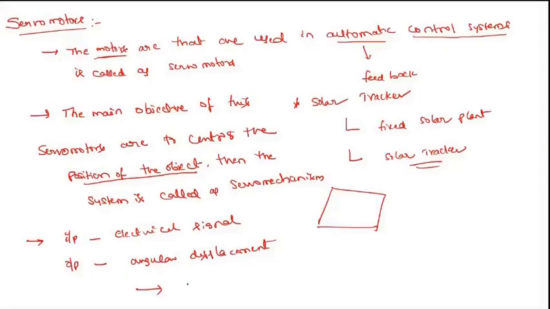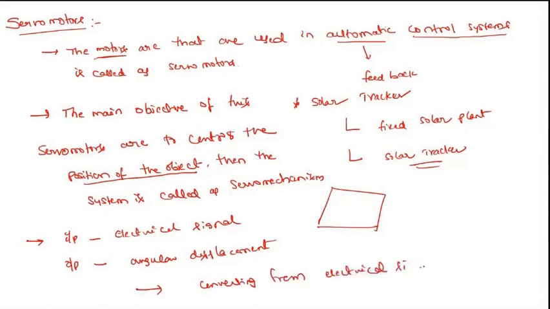For all the servo motors, the input is electrical signal and output is angular displacement. And in some textbooks, it may be written that servo motors convert electrical signal into angular displacement.